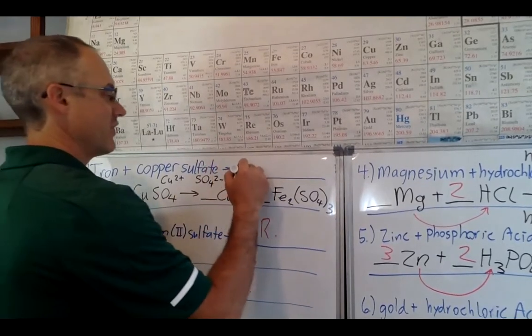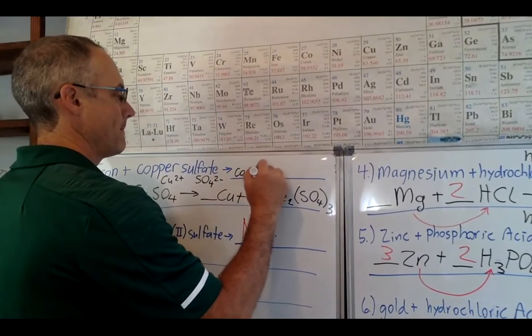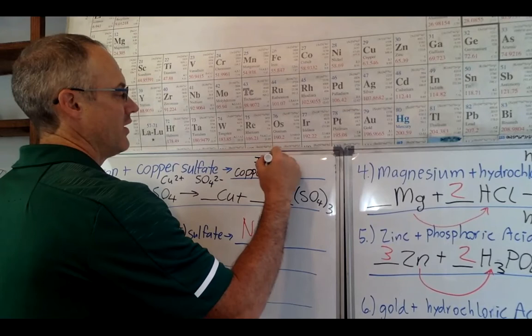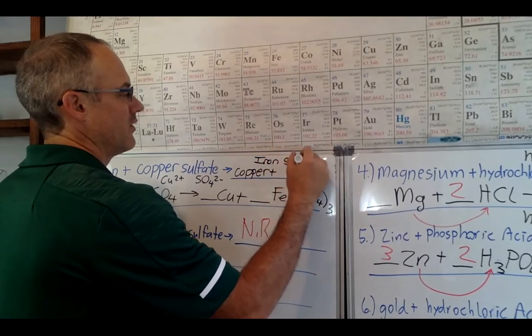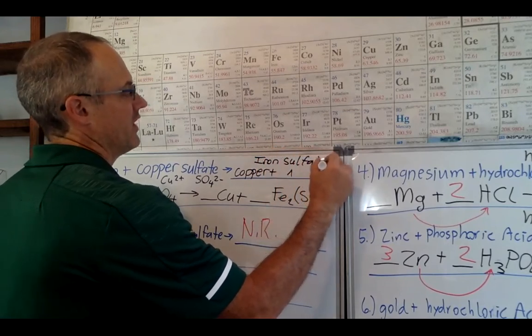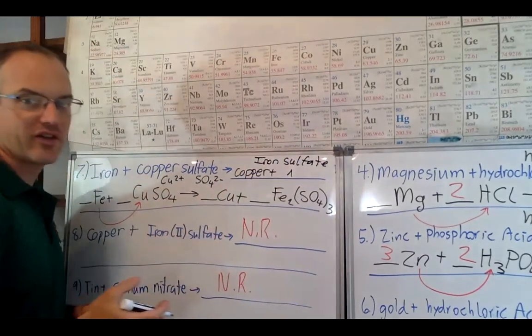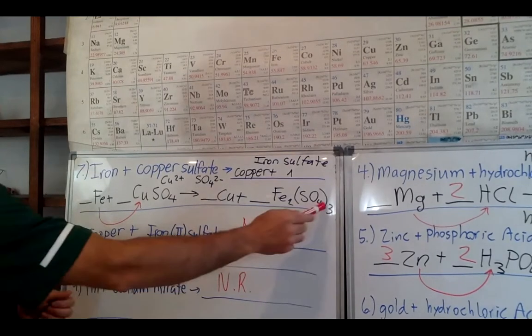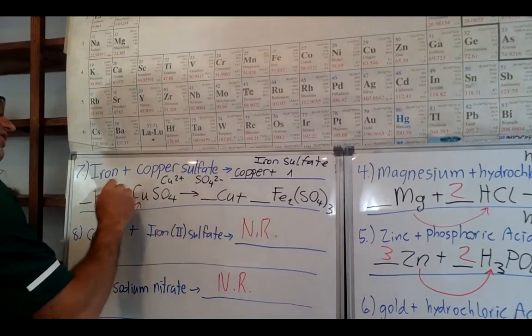So on this side, we're going to say copper plus, and I don't have room for this, we'll write up here, iron sulfate. Technically, it probably has to be iron 3 sulfate, but that's close enough here for us. Balancing, we have 3 of the sulfates, so we've got to get 3 on this side.